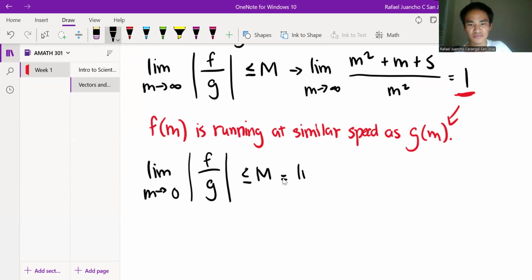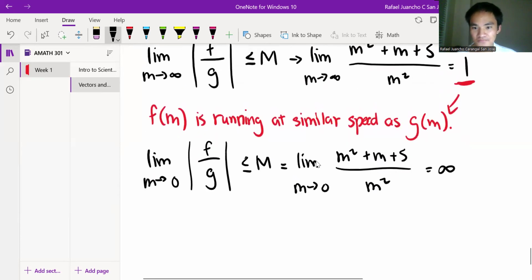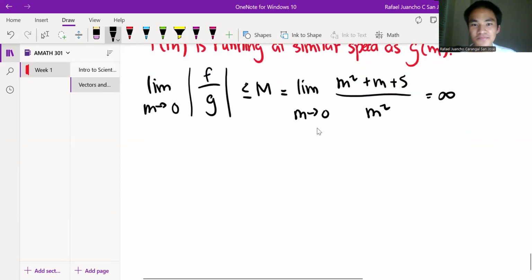So this is the limit as m approaches 0. We're doing the same idea: m squared plus m plus 5 over m squared. And if you compute this in a normal calculus class, this is going to be infinity.